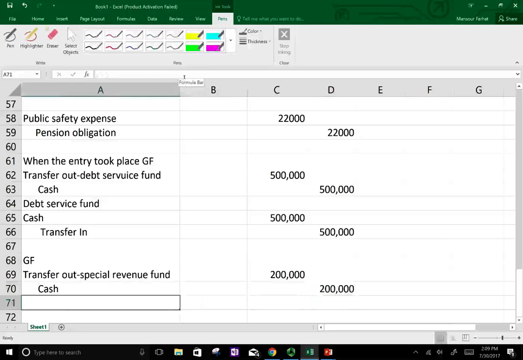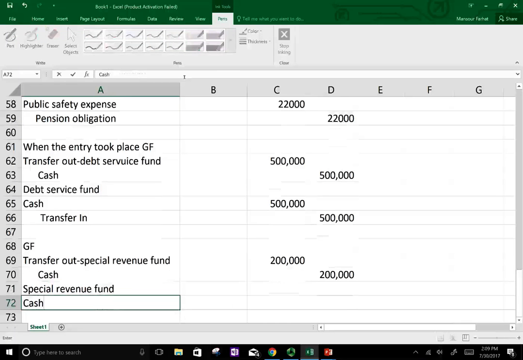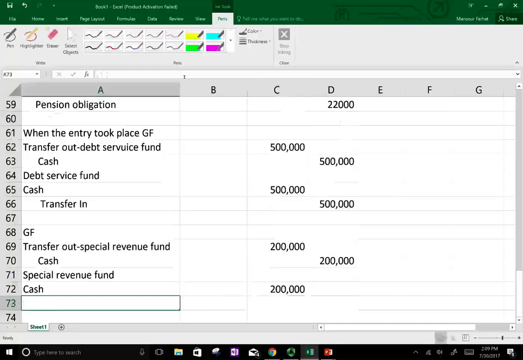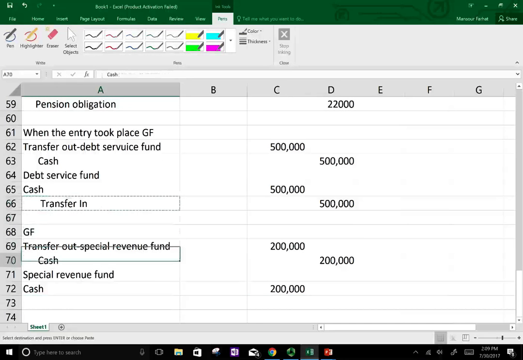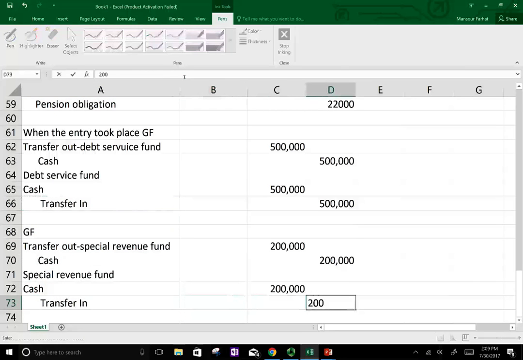The special revenue fund will debit cash $200,000 and credit transfer in. This is what actually happened when those transactions took place.